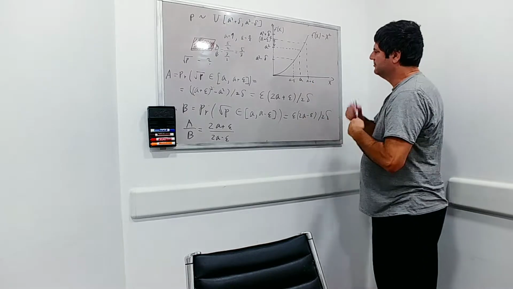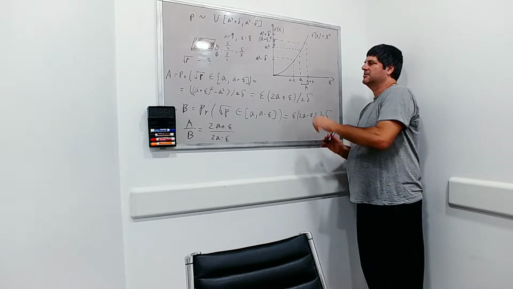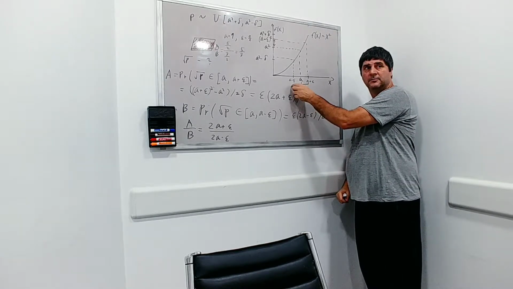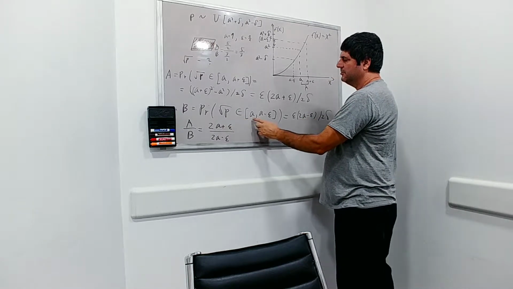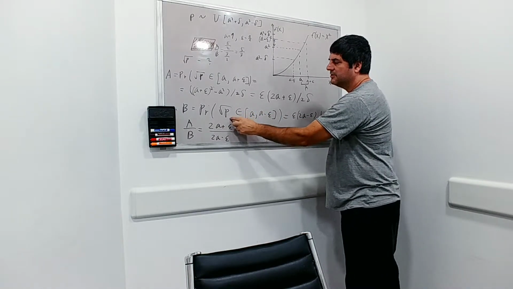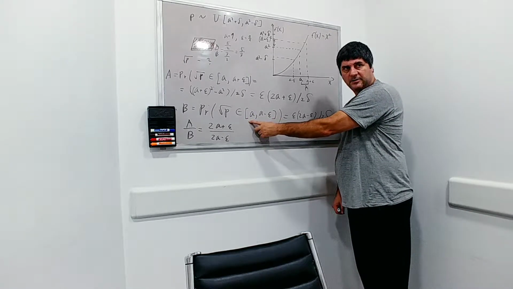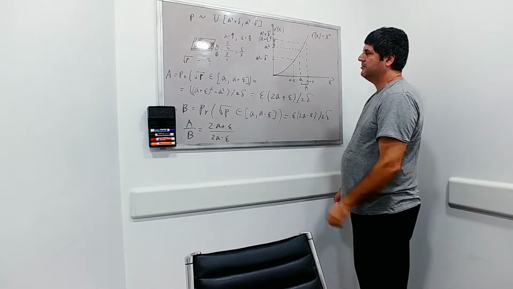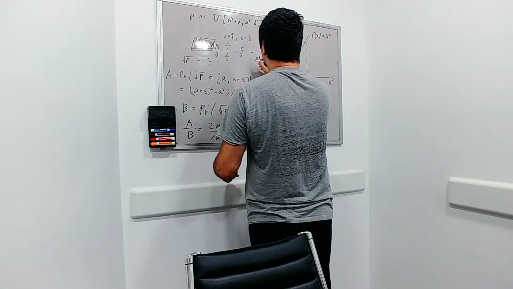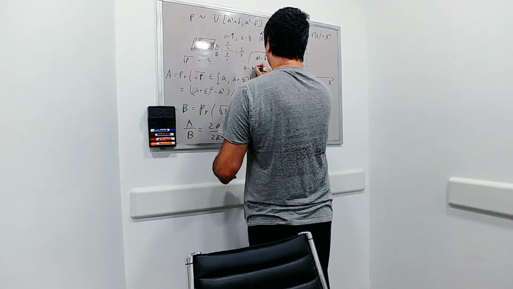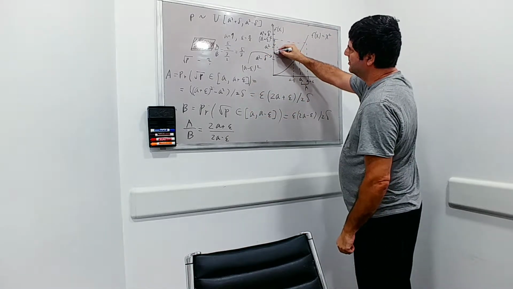This is A. Now, I'm interested in the probability of getting here. Okay? So same type of calculation. I want to understand what's the probability of the square root of P getting to here. Now again, this will be a minus epsilon squared. So that's the segment we are interested in.